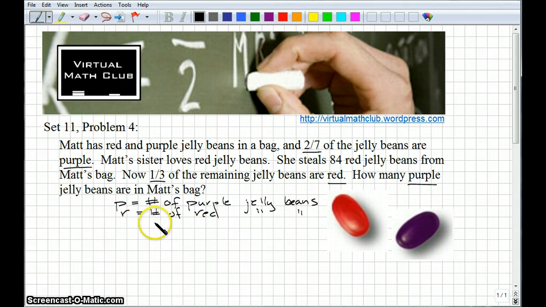Then we can use P and R as if they were numbers that we knew, and write expressions using them.